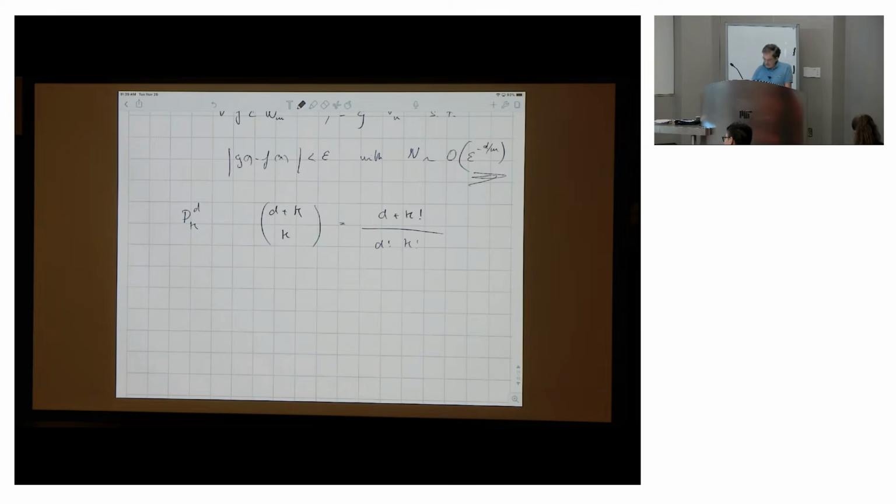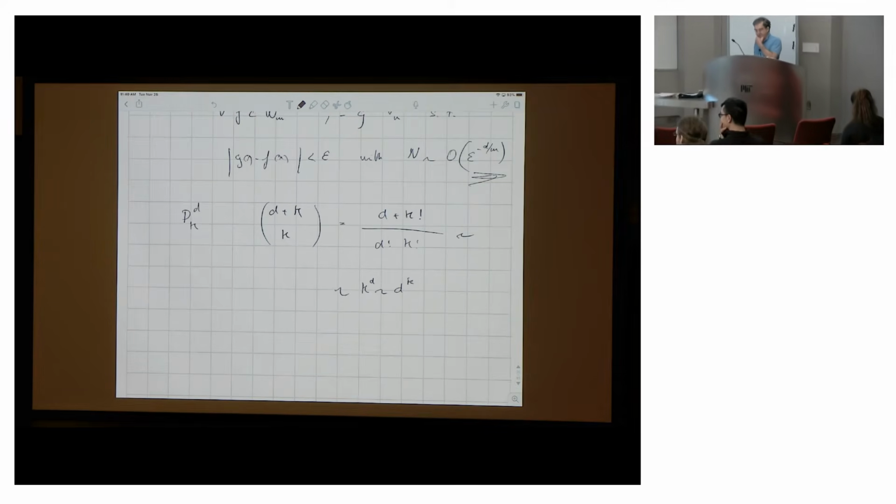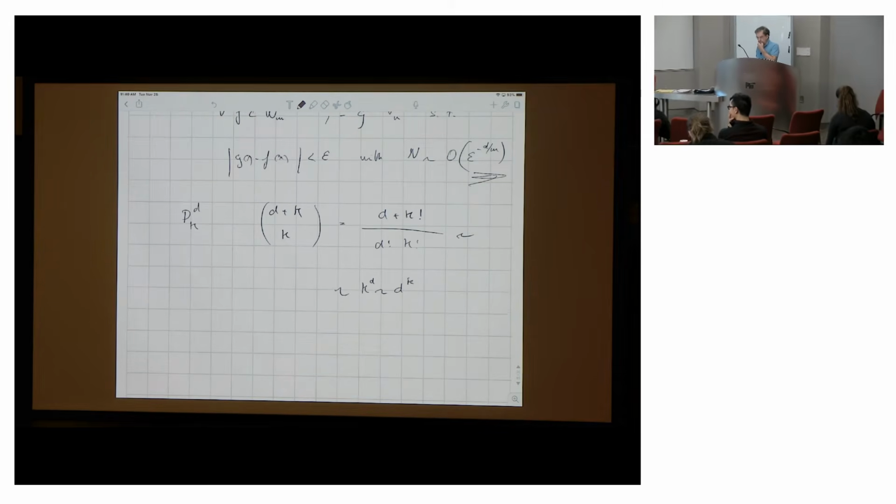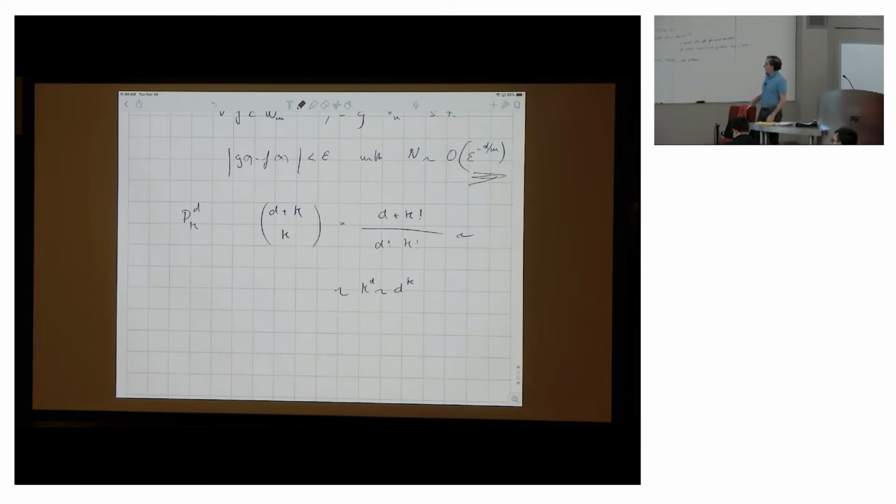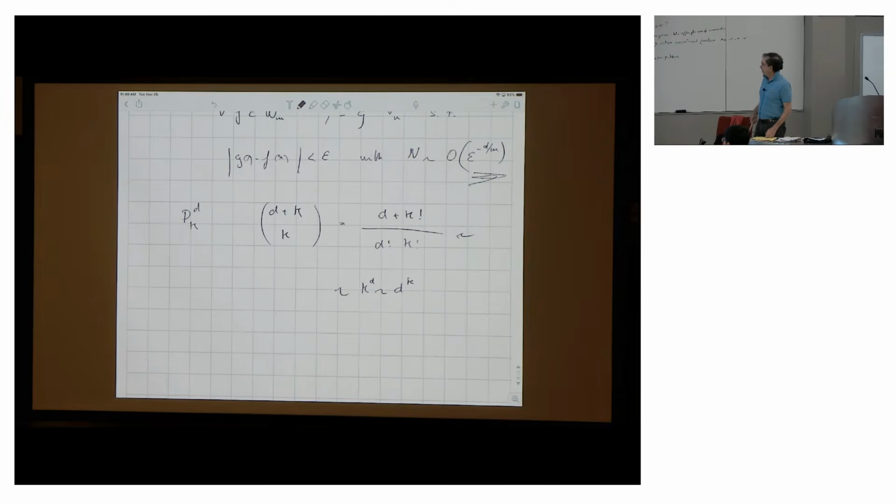This is roughly, in a very rough approximation, k to the d, or d to the k. So if you have dimensionality 10 and degree 10, you have in the order of 10 to the 10.